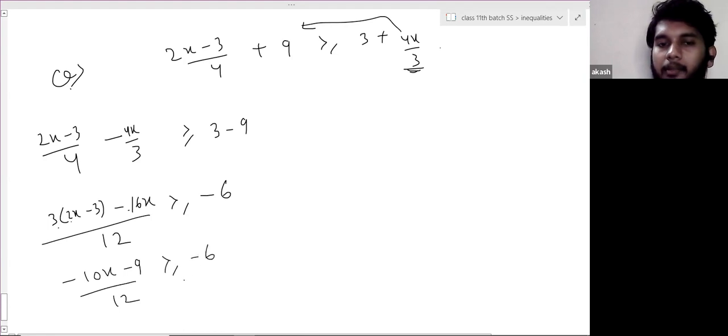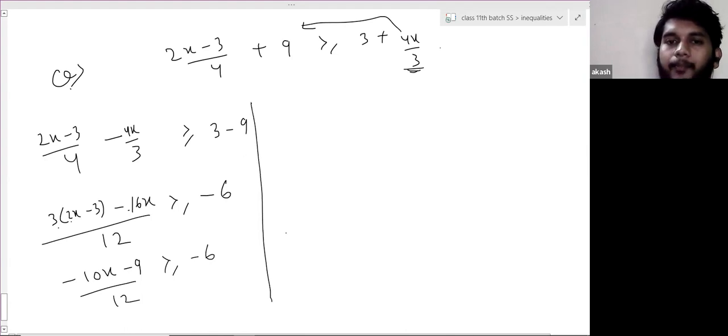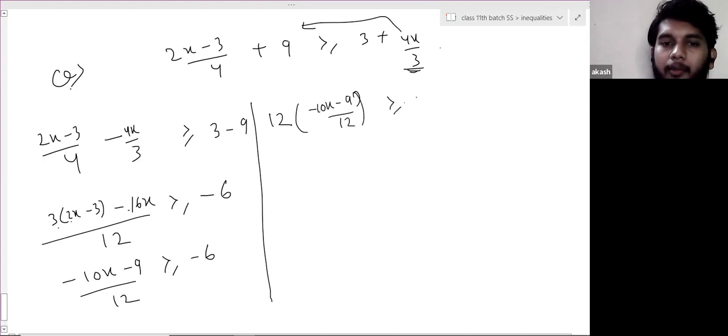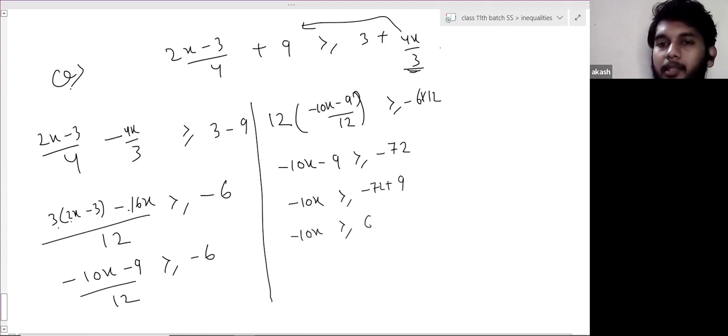How to get away from this 12? Multiply 12 on both sides. So we get minus 10x minus 9 is greater than or equal to minus 72. So minus 10x is greater than or equal to minus 72 plus 9, so minus 10x is greater than or equal to minus 63.